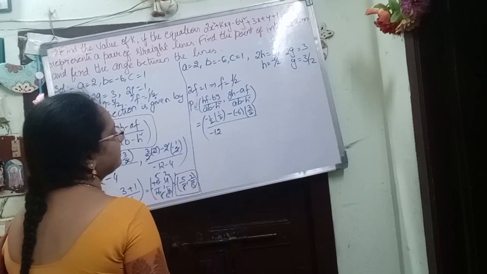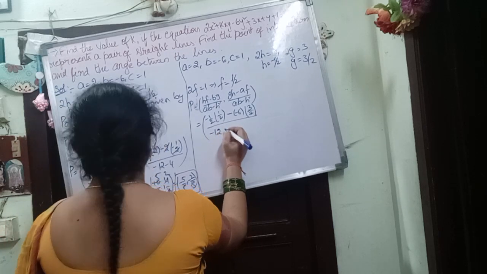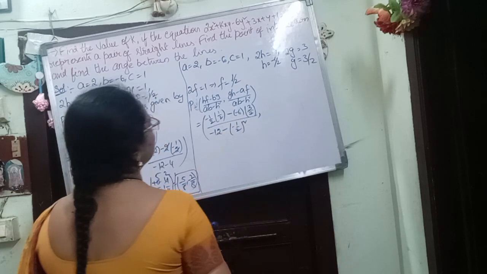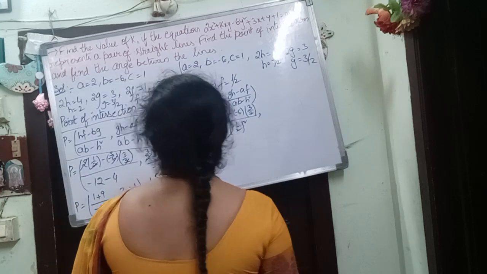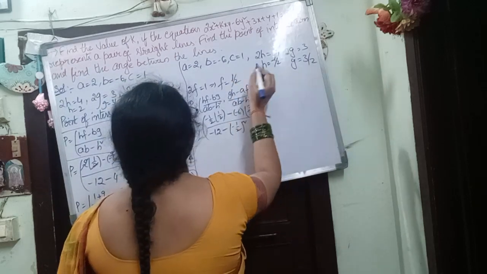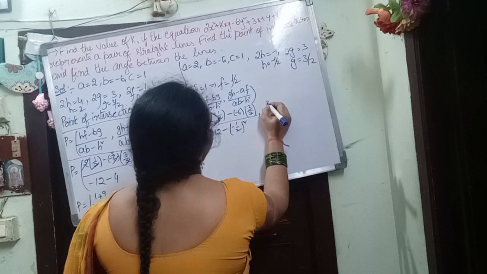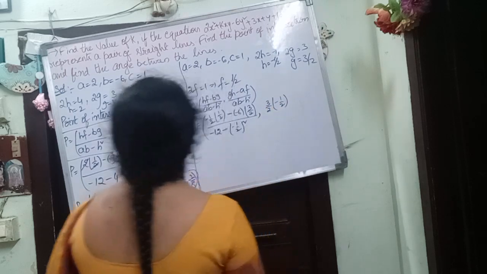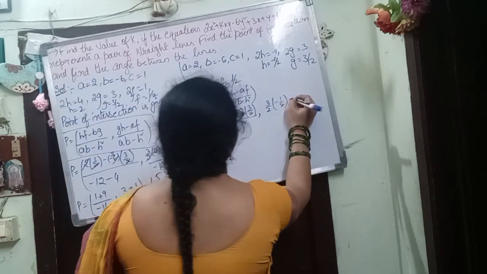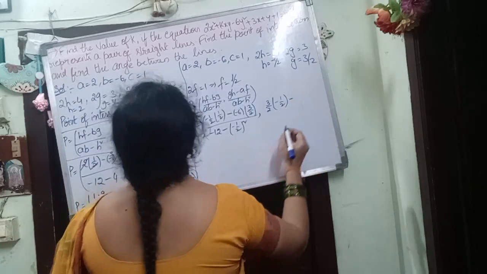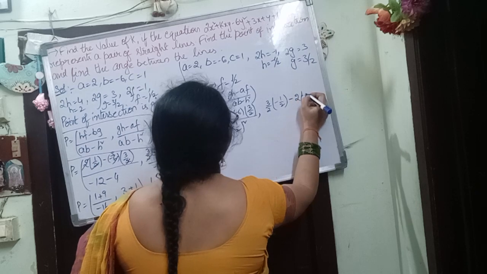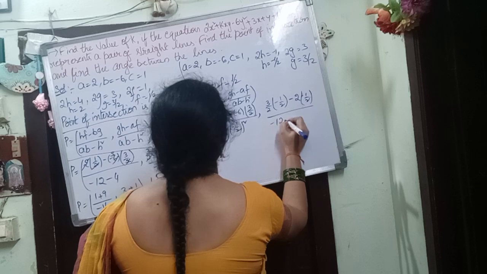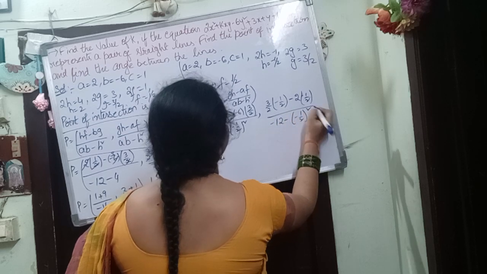H is minus 1 by 2, so AB minus H square is minus 12 minus minus 1 by 2 whole square. Next coordinate, what you will have? GH, G is 3 by 2, H is minus 1 by 2, minus AF, A is 2 into F is 1 by 2, whole by minus 12 minus of minus 1 by 2 whole square.